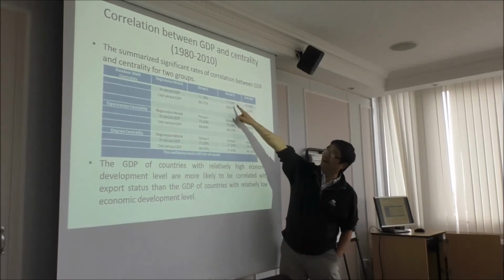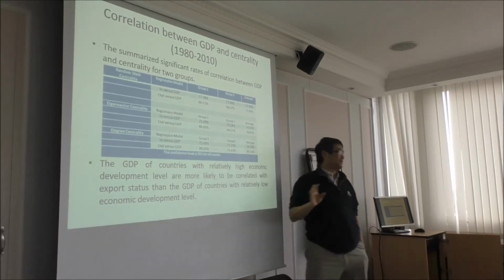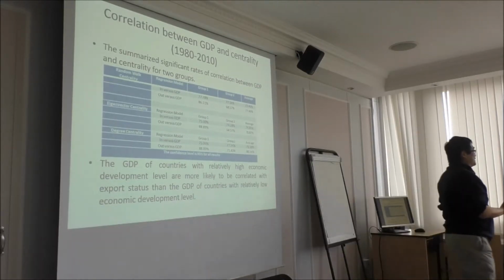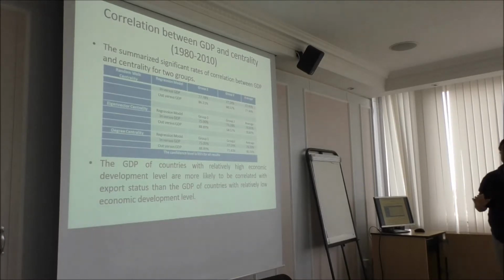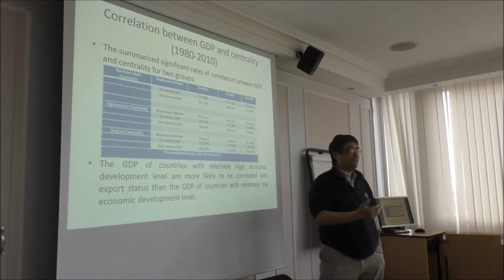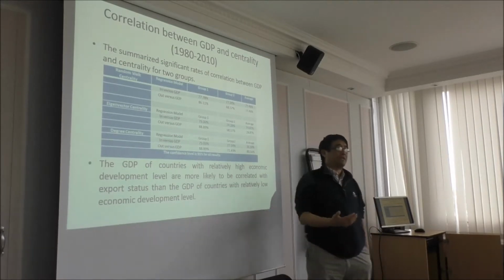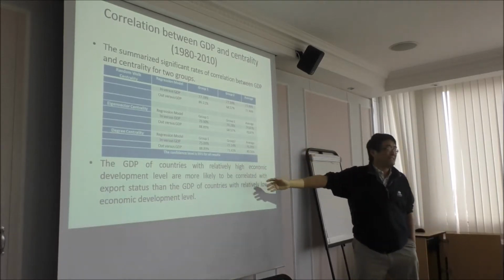They rely more on imports. This probably coincides with some of the economic theories saying that relatively poor nations have difficulty in establishing brands, so that they sell their goods at less premium, all that kind of thing. Relatively rich nations can establish a brand and sell their products with better qualities and better technologies, so they have more value added. So actually, this is all reflected in here.